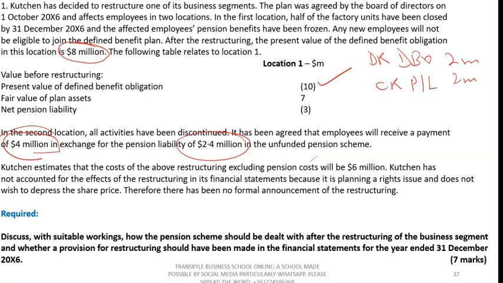So what is the double entry here? We're going to debit the DBO as usual, 2 million, because we are reducing this liability.